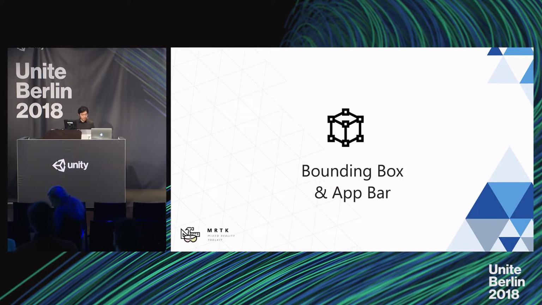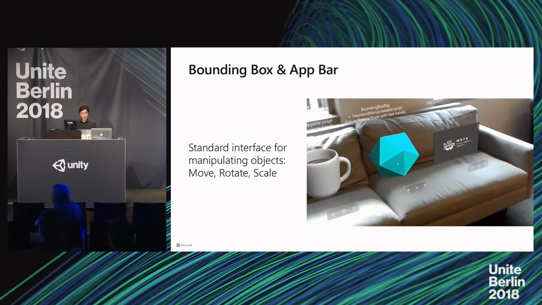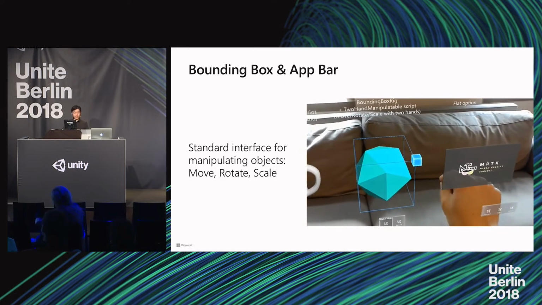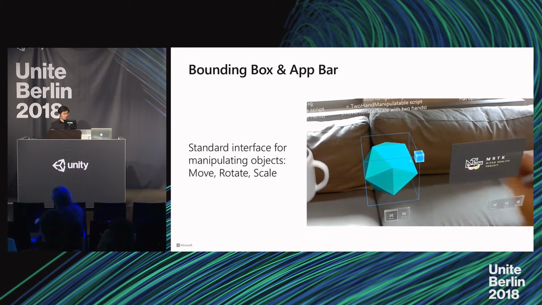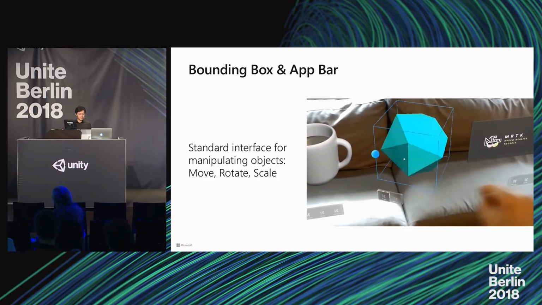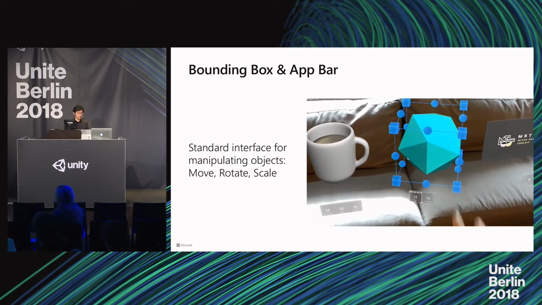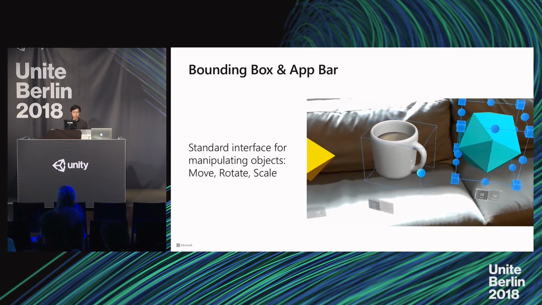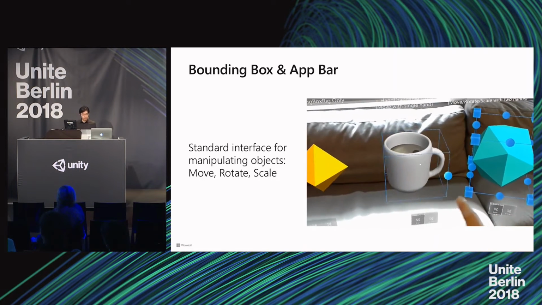Next, bounding box and app bar. The bounding box and app bar is the standard interface for manipulating objects in Windows Mixed Reality. With this single interface, you can move, rotate, and scale the object in space. You can find this interface in the HoloLens, also in the immersive headset.